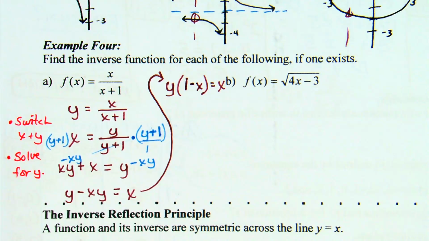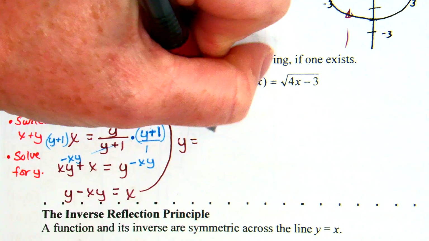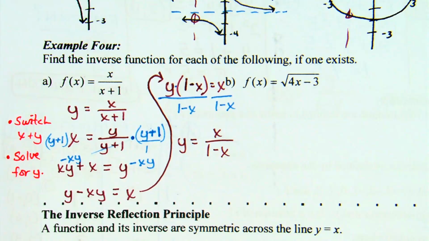I have y equals x over 1 minus x. How do I show that's the inverse that I found? Yeah, inverse function notation, f inverse of x equals x over 1 minus x.